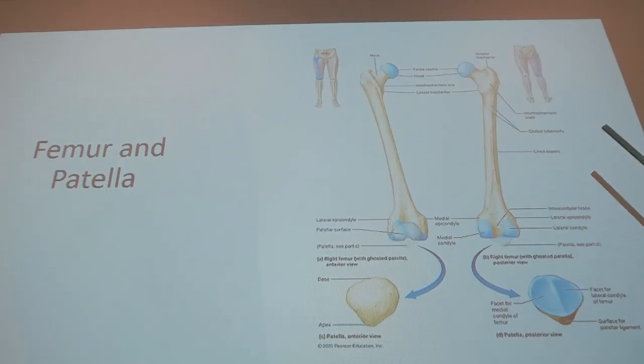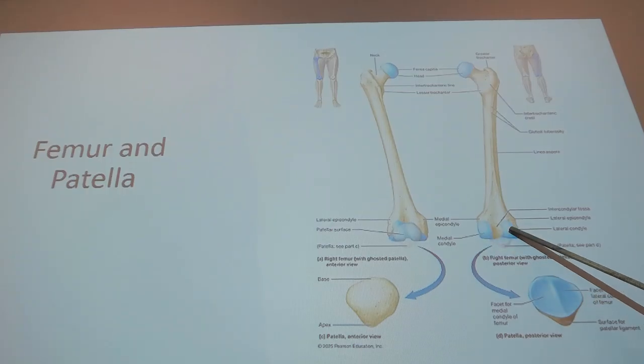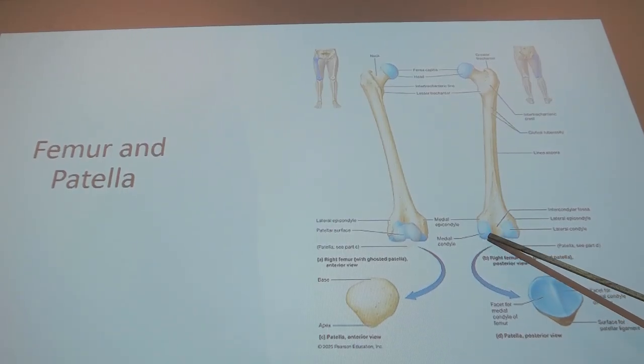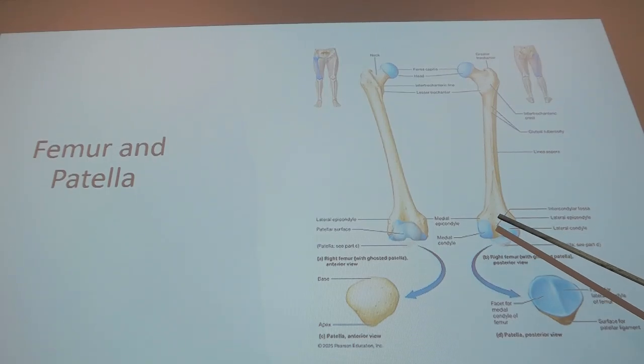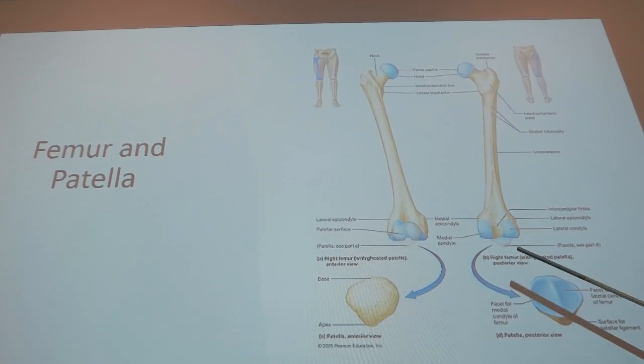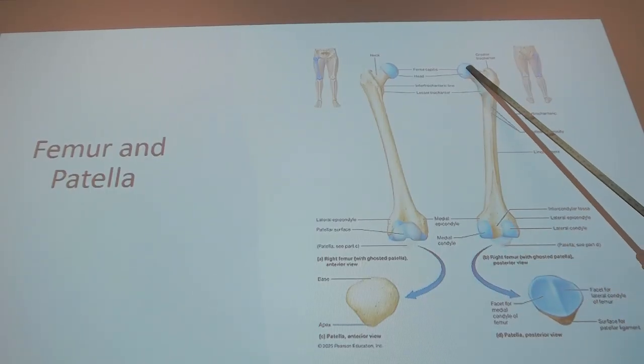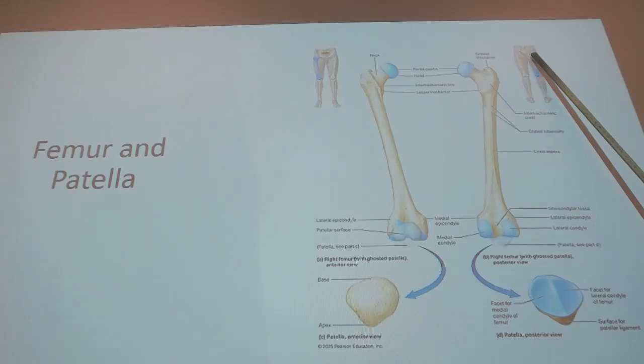And then posteriorly and distally, you can see these articular surfaces of the condyles, which are convexities. So this is the medial condyle and this is the lateral condyle. Again, how do you know? Well, you have to look to the head. The head always faces medially.